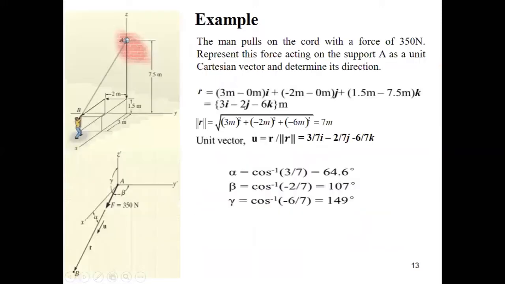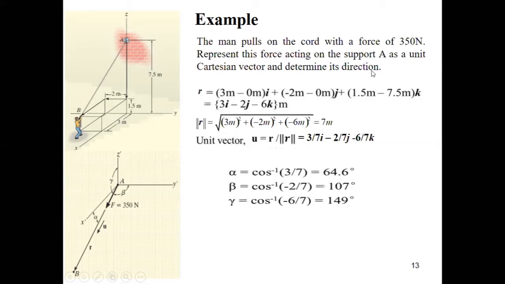Now let us see one example. One man pulls a cord with a force of 350 Newton. This force acts on the support at point A. Express it as a Cartesian vector and determine its direction.